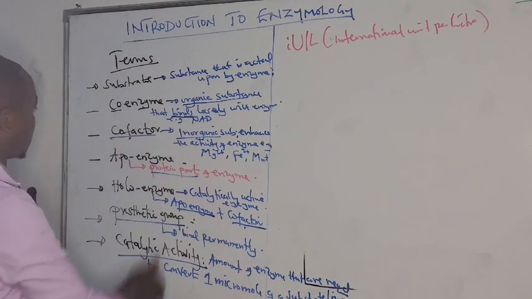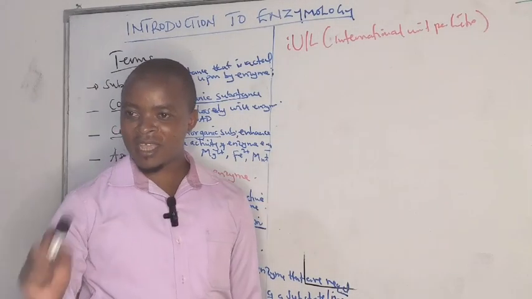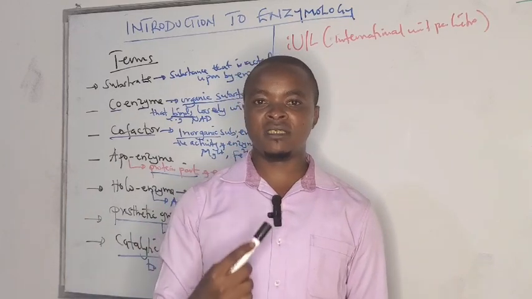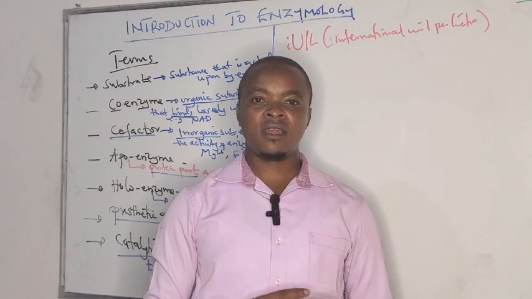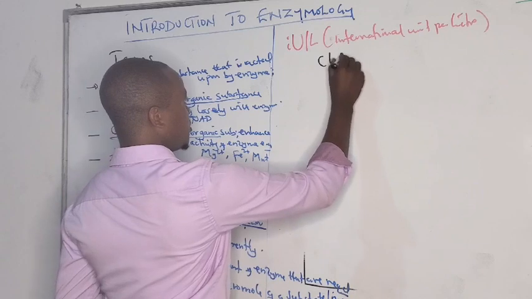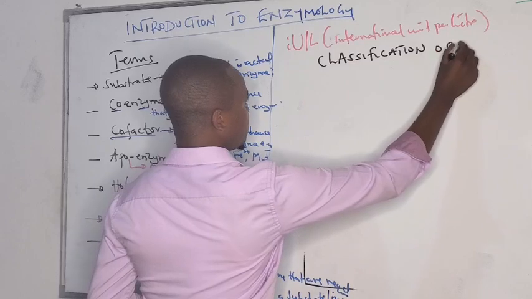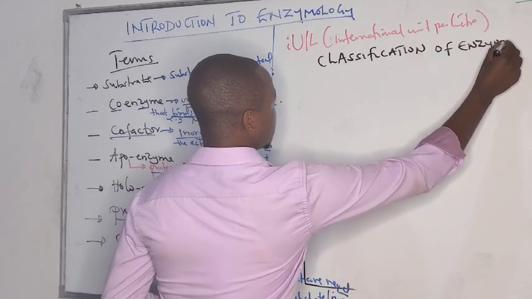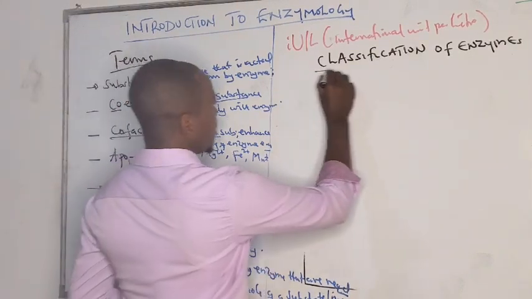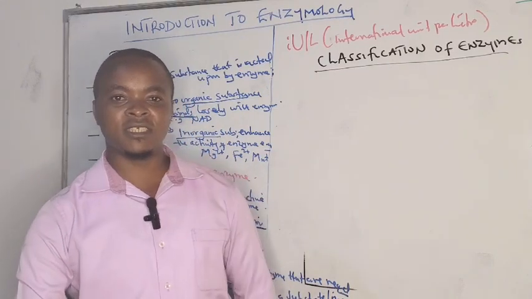So after seeing this definition of terms, now we look at classification. How are enzymes classified? Because we know enzymes are many in our body, and many are being used commercially. According to the International Union of Biochemistry, we classify enzymes into 6 classes.